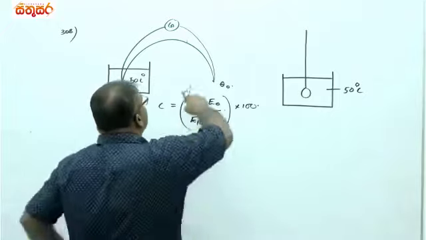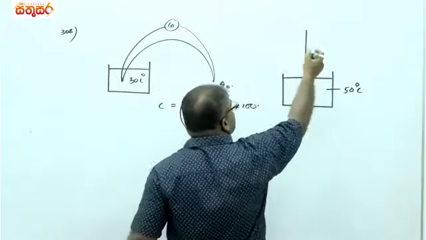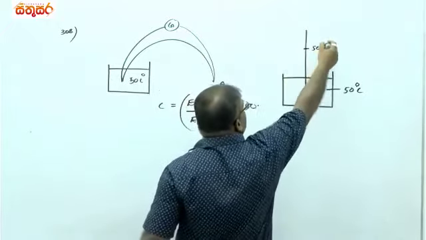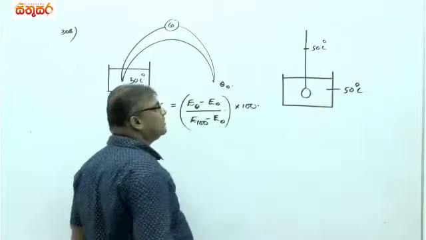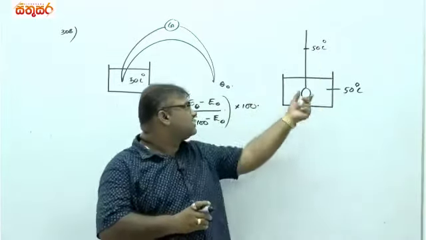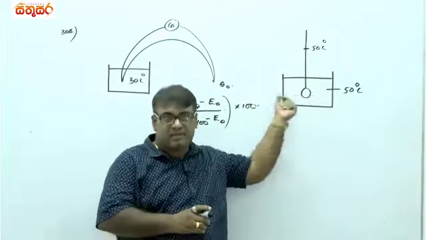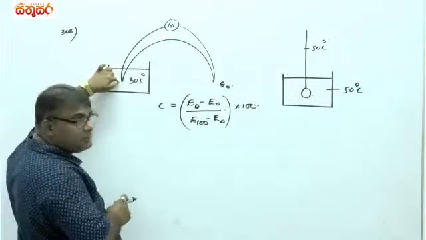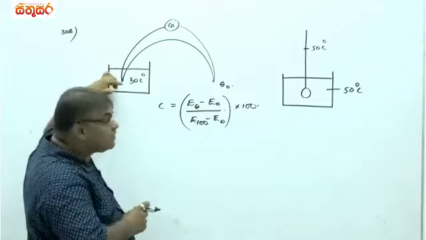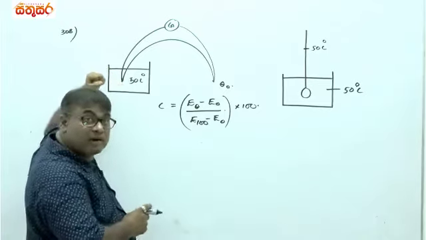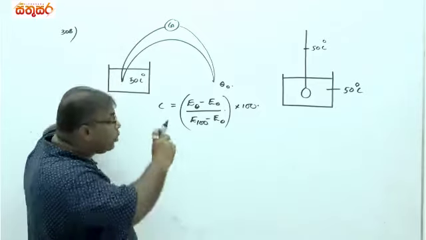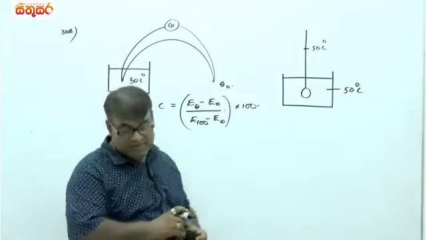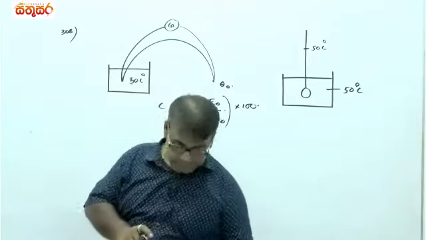Therefore, the reading of this and this should be the same. As well, this thermometer is perfectly contacted with the liquid. This one is also perfectly contacted with the liquid. Then we don't exactly identify which one is the most accurate one, right? By seeing like this, both may have the same temperature, that we can assume, right?